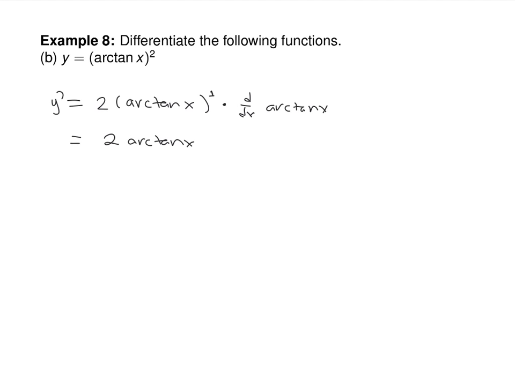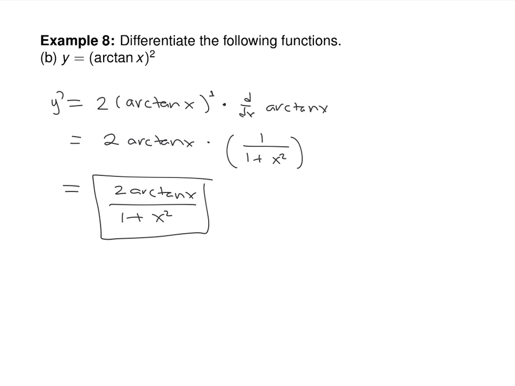So what's the derivative of arctan? 1 over 1 plus x squared, or x squared plus 1, same difference, right? So that ends up being 2 arctan x over 1 plus x squared. Does that make sense? Okay, great.